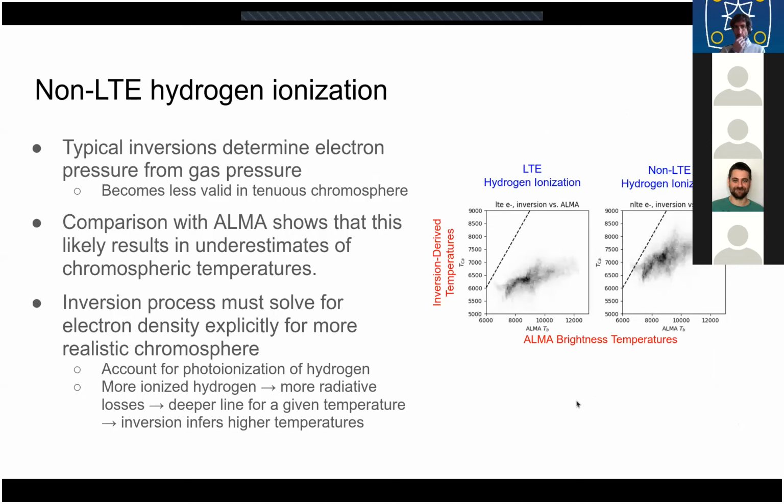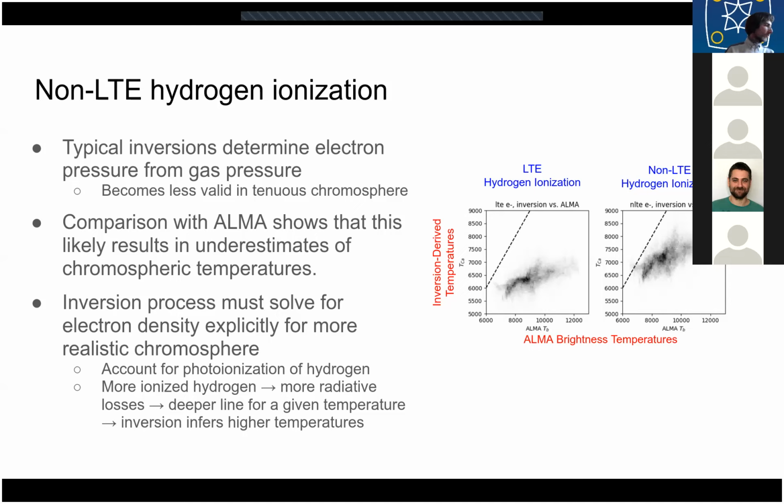Now, one thing that needs to be taken into account here is non-LTE treatment, not just of everything else, but also the ionization of hydrogen. Typically, inversions will determine the electron pressure, the electron density, just straight from the gas pressure. But that's not as valid in the more tenuous chromosphere because you have radiation also ionizing hydrogen, not in equilibrium with the thermodynamics.